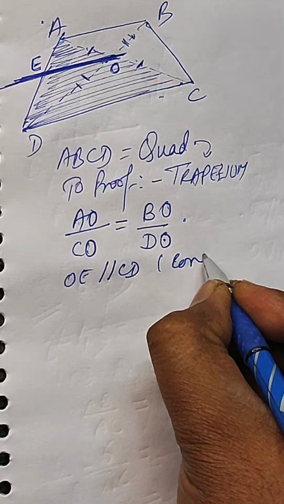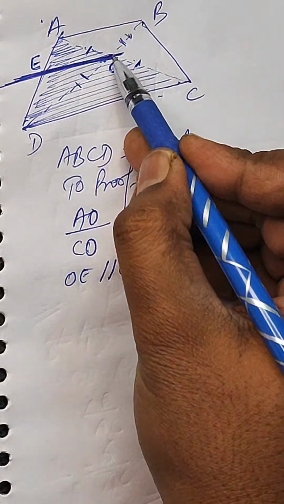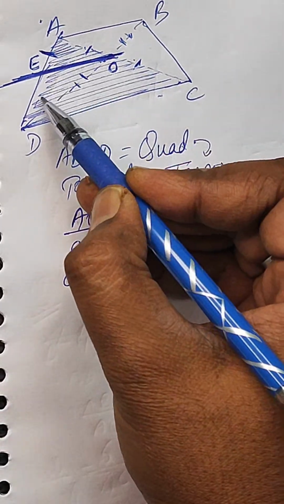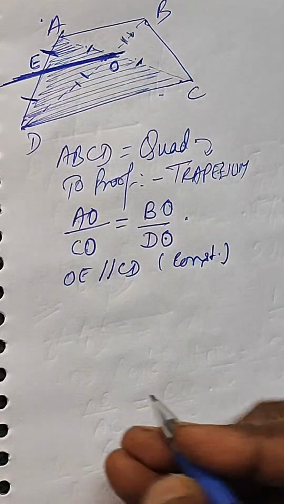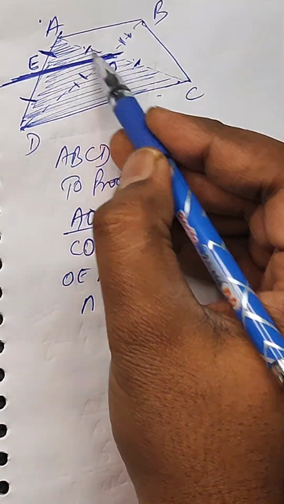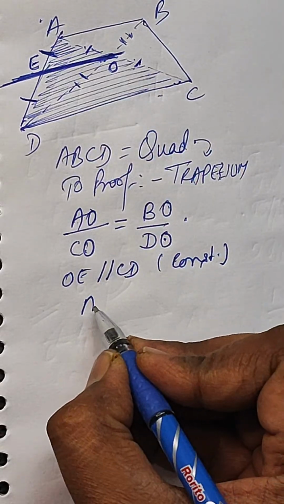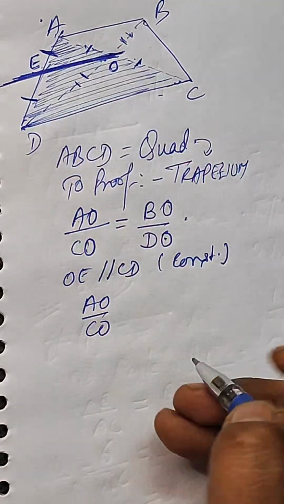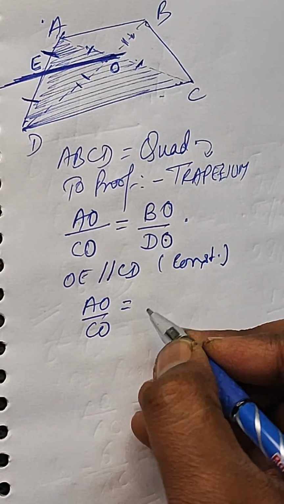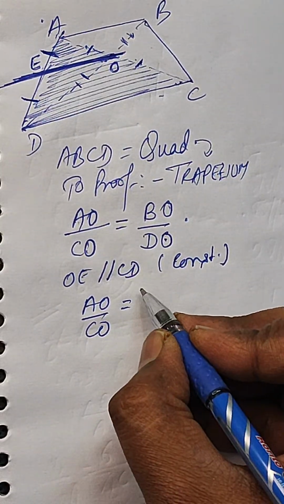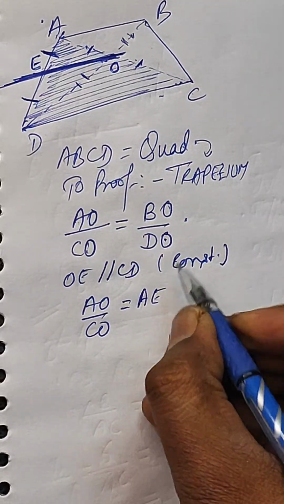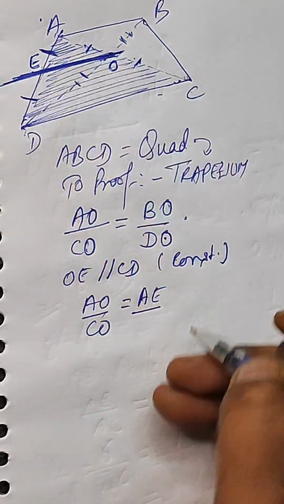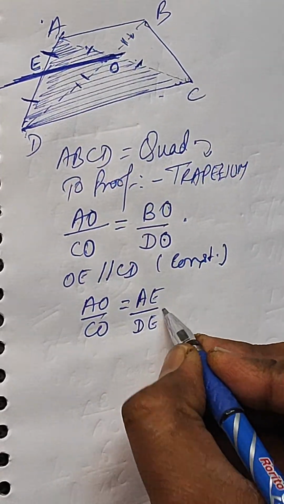If OE is parallel to CD, then the ratio of AE by ED will be equal to AO by CO, by the basic proportionality theorem, BPT. So AO by CO is equal to AE by DE, right?